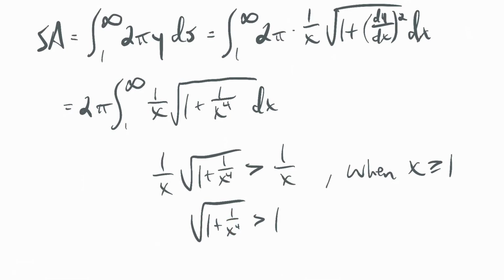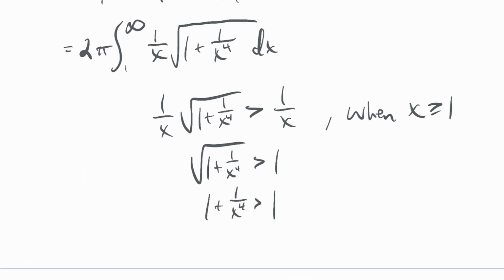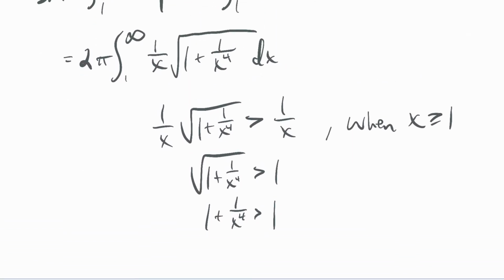In other words, if I square both sides, 1 plus 1 over x to the 4th is greater than 1 squared, which is 1. Subtract 1 on both sides, and that is always true. Remember, x goes from 1 to infinity, so 1 over x to the 4th is always positive because x is positive and it's to the 4th power. How could that be negative? It couldn't even be equal to 0. So this equals infinity, diverges.